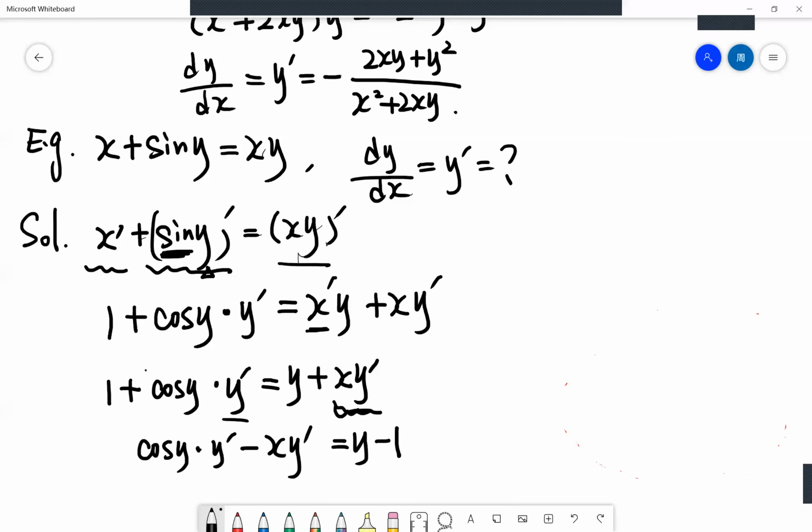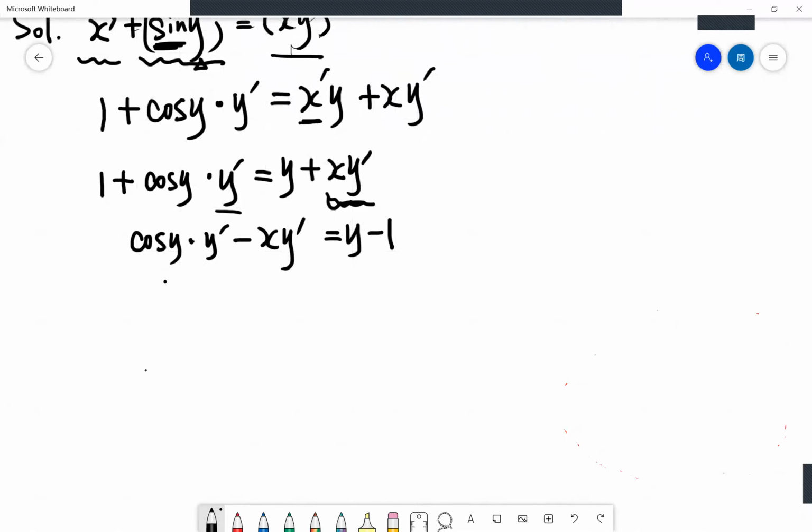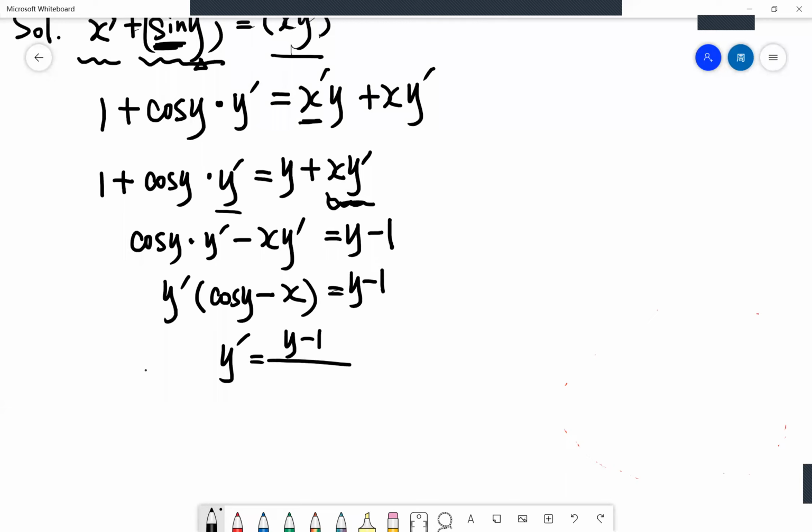So we will find that y prime times (cosine y minus x) equals y minus 1. So y prime equals (y minus 1) over (cosine y minus x). So this is the result for this question.